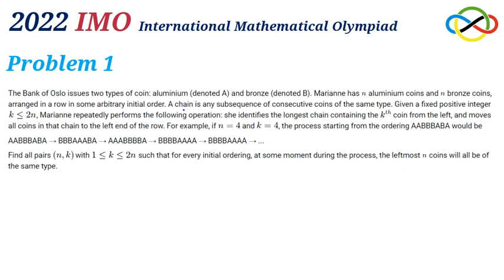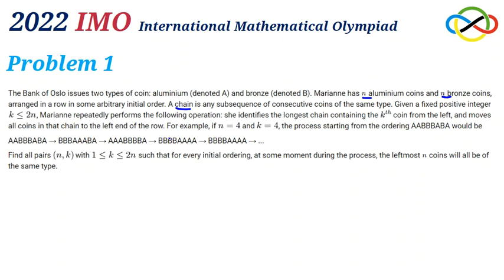So here is the definition of a chain. Given a fixed positive integer k less than or equal to n, Marian repeatedly performs the following operation. She identifies the longest chain containing the kth coin from the left and moves all coins in that chain to the left end of the row.